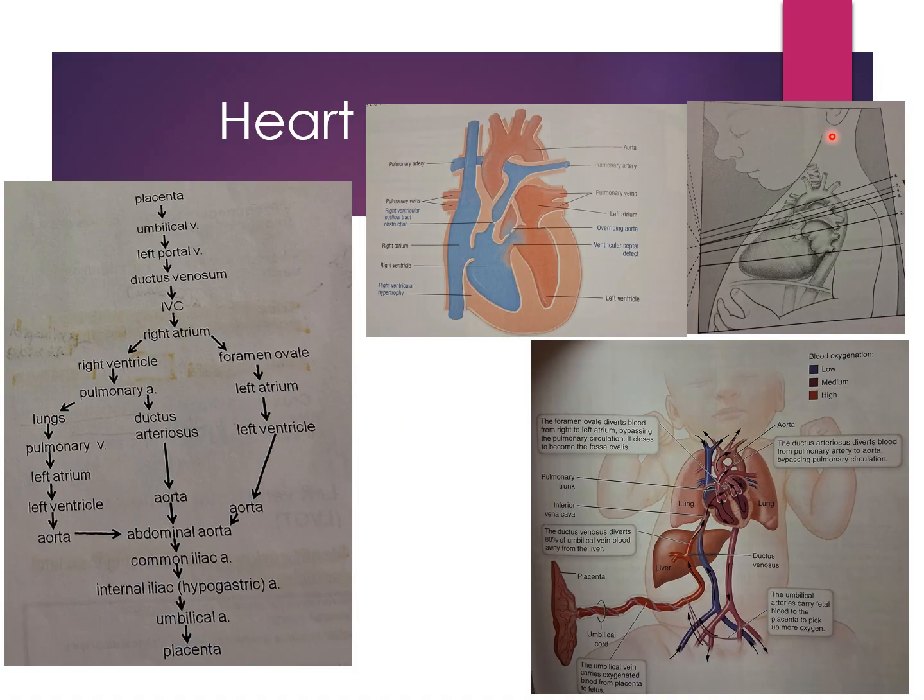Another thing before we dive into our images, I'm going to just pull up this image here for you guys to look at. So if you notice the way the heart is sitting here, the apex of the heart, this pointy part here, is sitting slightly to the left and anterior compared to this back part.